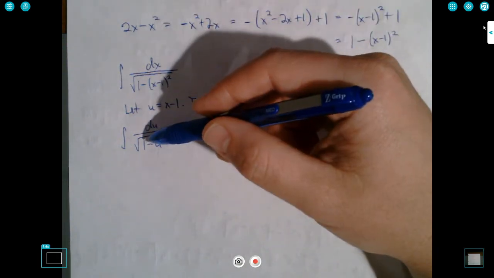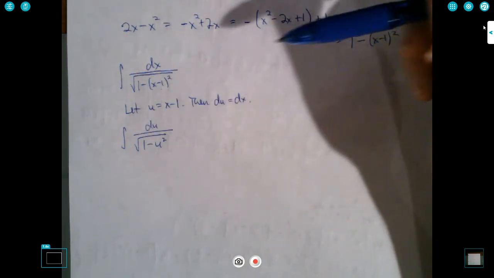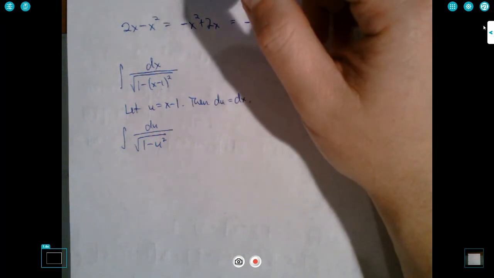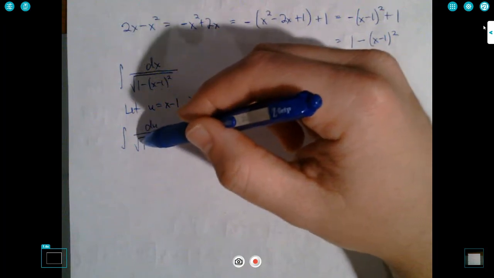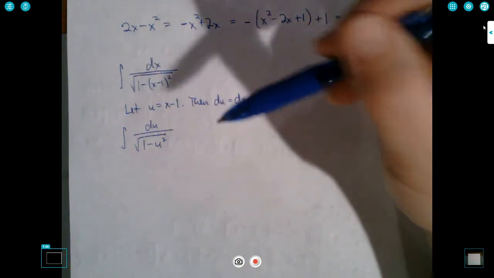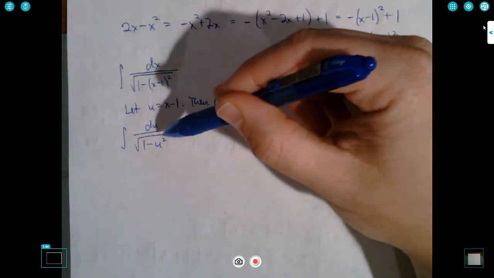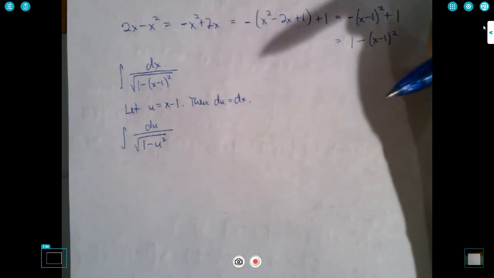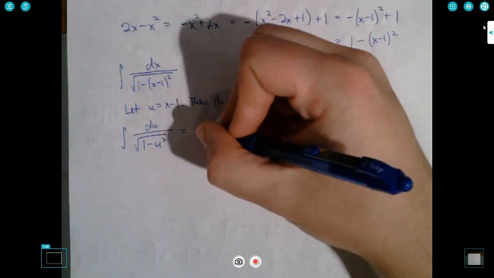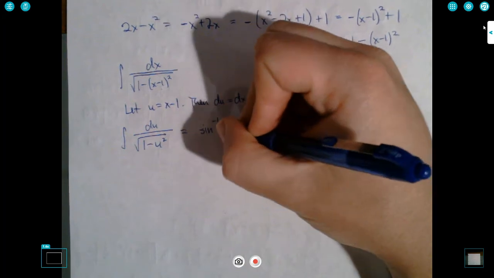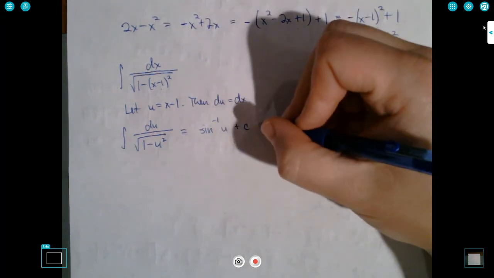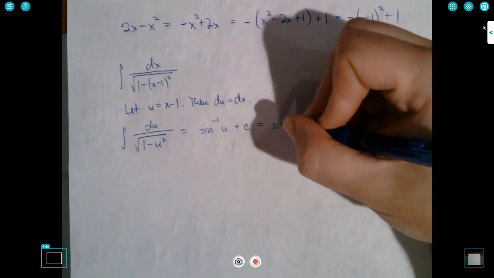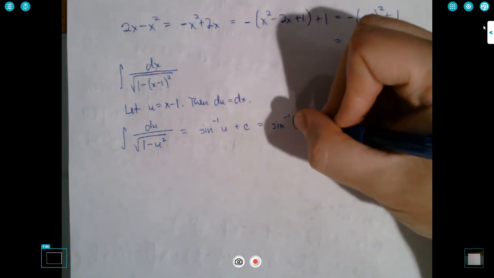I should have done it the other way around, like x squared minus 2x, because then you'd get to this step and it would be u squared minus 1, and you'd have to do a trig sub. Here you don't have to do a trig sub because this is just sine inverse, right? So this was easier than I intended. This is just sine inverse of u plus c. And you can back substitute now and call this sine inverse of x minus 1.